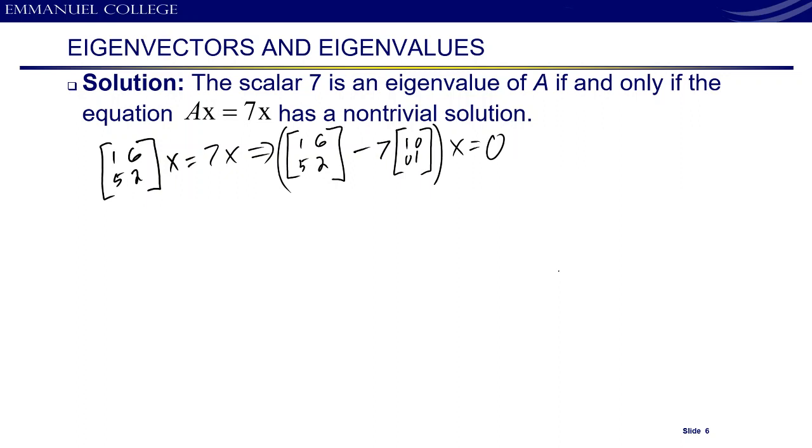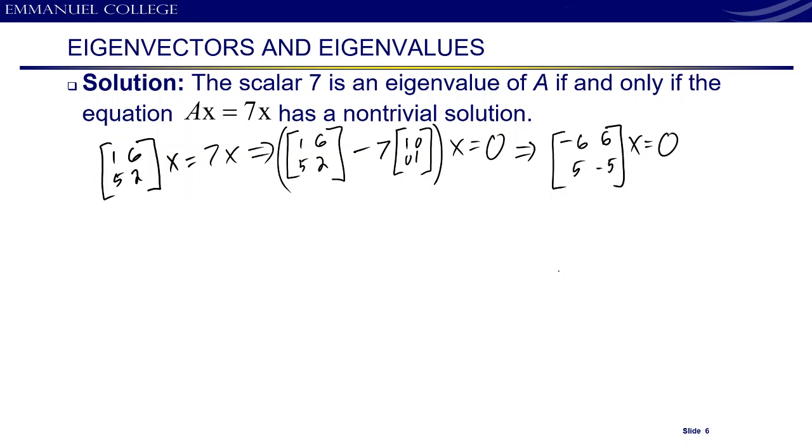Now I have a matrix that I can deal with. You distribute the negative 7 in, and if I add the two matrices together, I get negative 6 and 6, and then 5 wouldn't change, and then I get negative 5, times x equals 0.